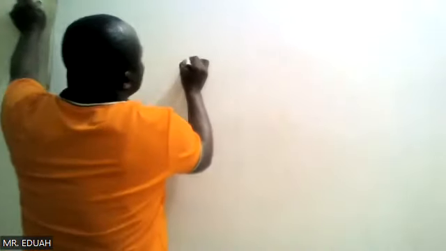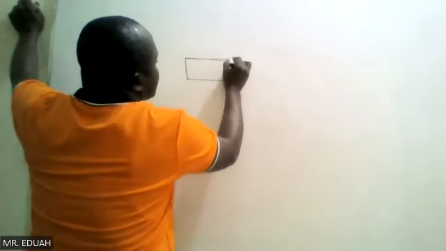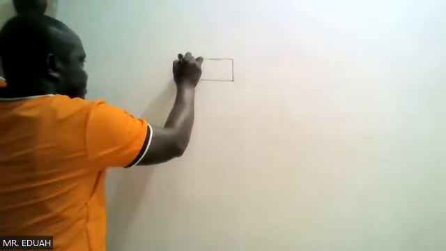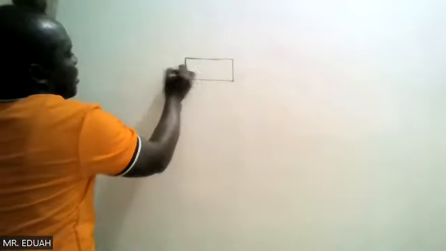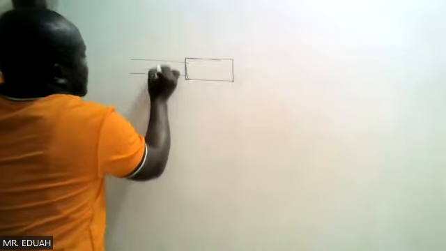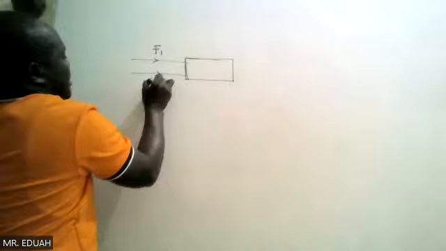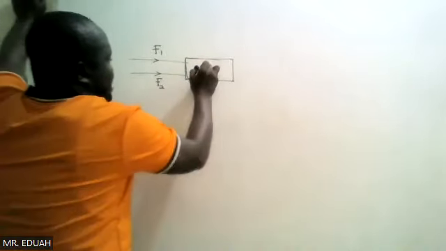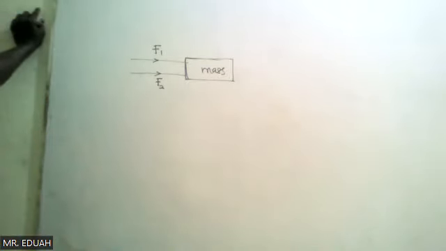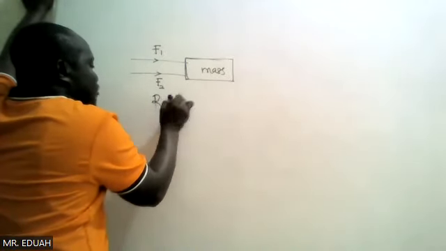If I have two forces exerted on a mass in the same direction, this is F1, F2, this is the mass. The two vector quantities act on it. How do I get the resultant force?